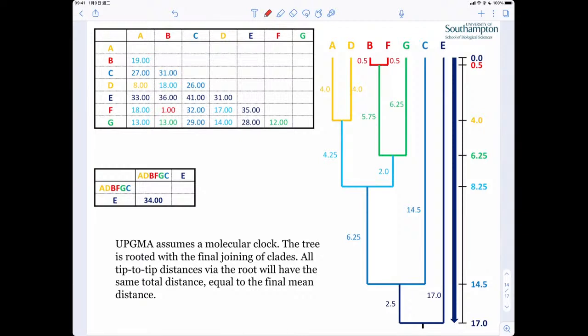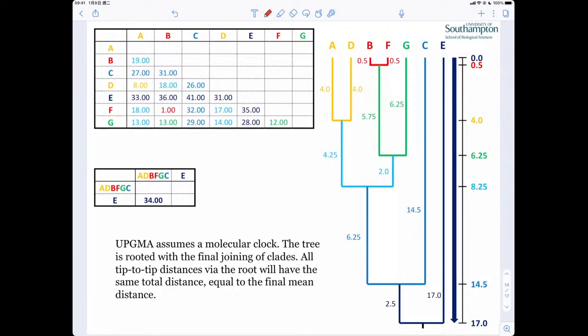We can combine them one by one. And here is the answer. BF will be combined first, and then AD and BFG, and then C, and then E. So we can make a tree.